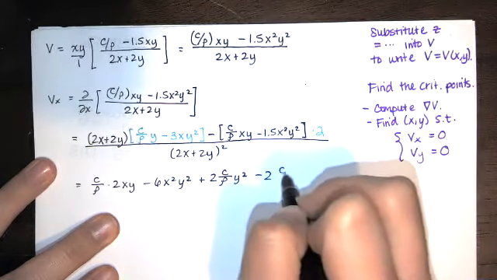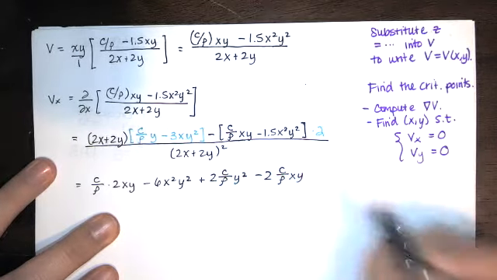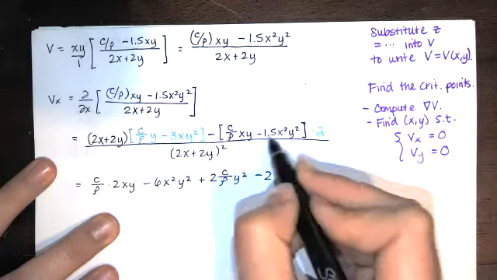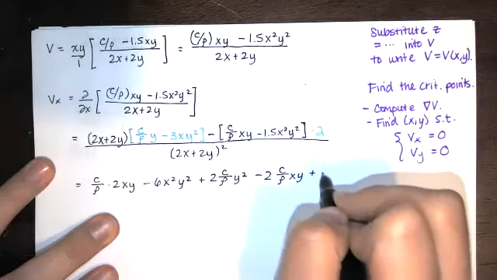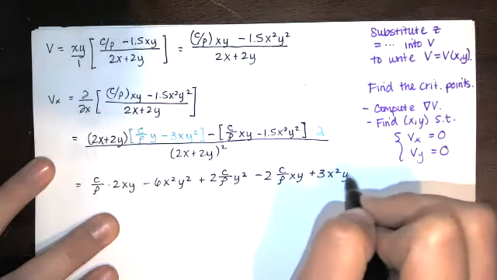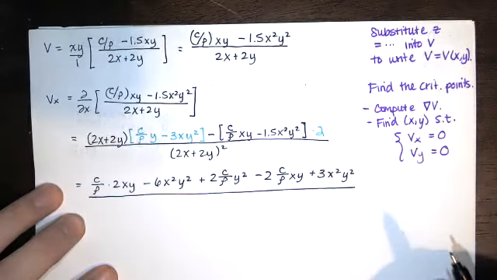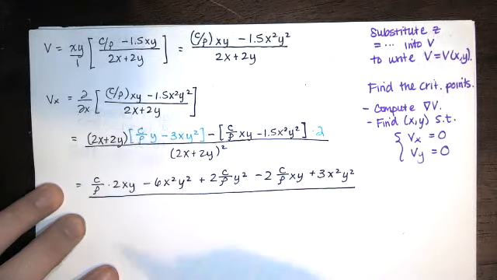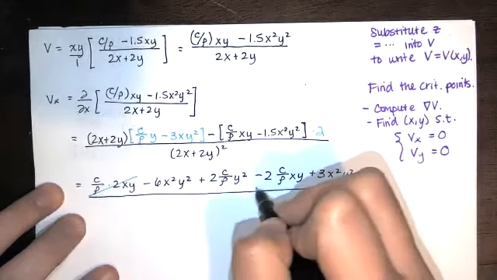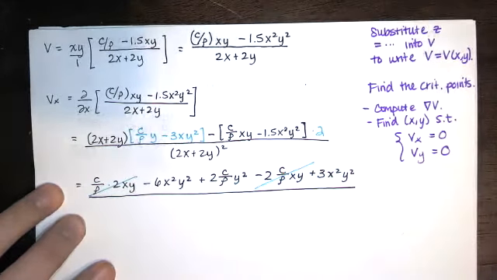So I have negative 2 times c over rho times x times y. And a negative 2 times a negative 1.5 is going to be a positive 3 times x squared times y squared. And I'm looking for any cancellations. You see I've got one of these and one of these. That's good. Those are gone. What else?